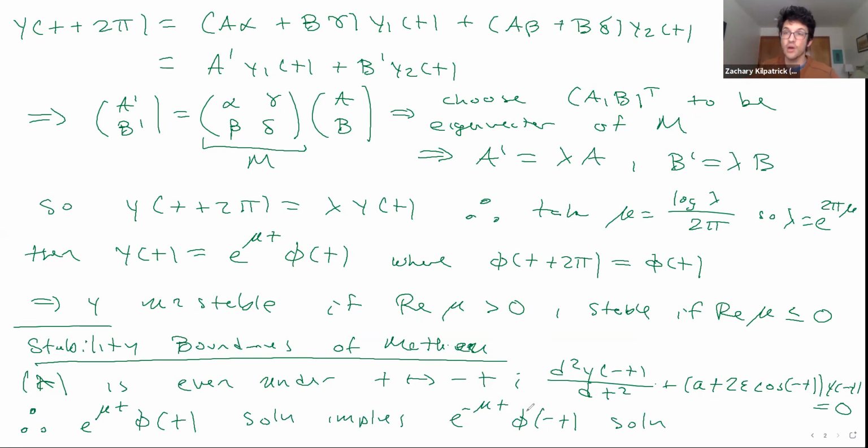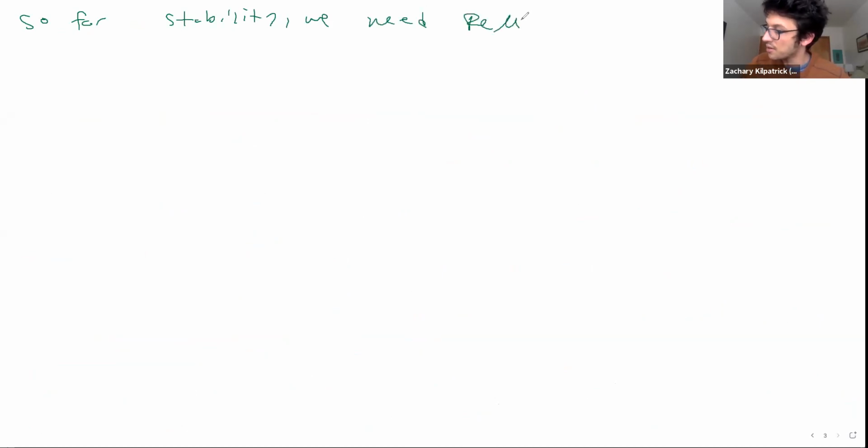So that means that the only way I can have solutions that don't grow is if the real part of mu is 0, okay? Because either this solution is going to grow over time or this solution is going to grow over time. So for stability, we need that the real part of mu is equal to 0, okay?